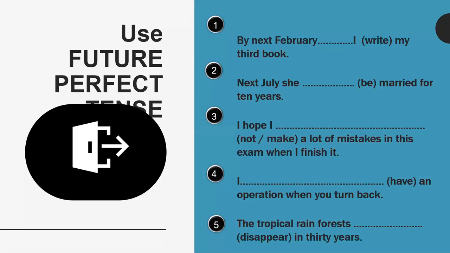Come on. Next July, she will have... Mutiara, please. Next July, she will have been married for 10 years. That's right. Very good.